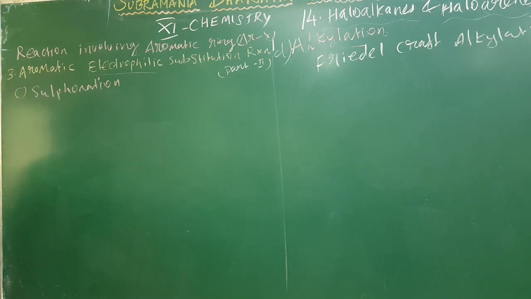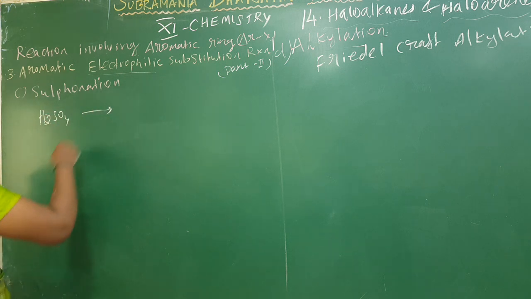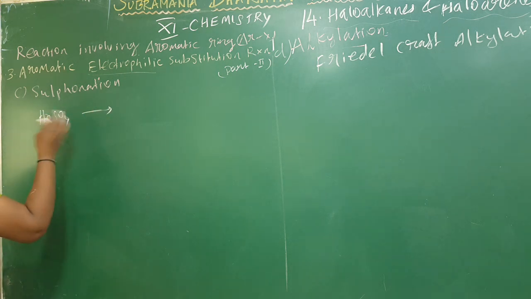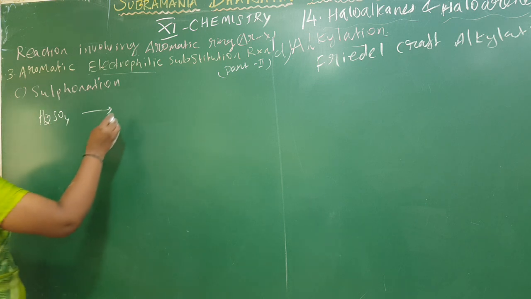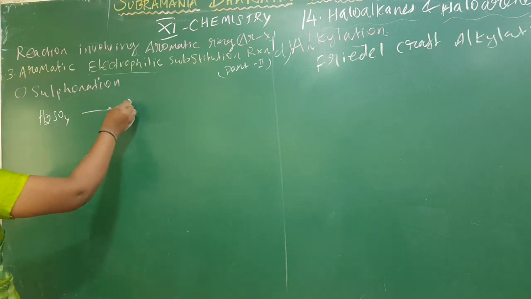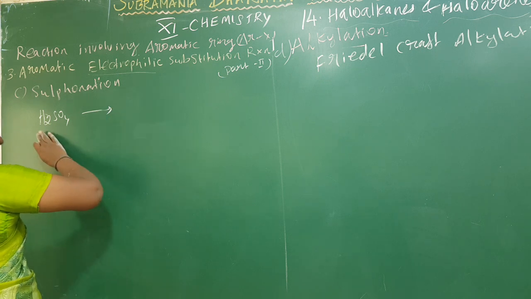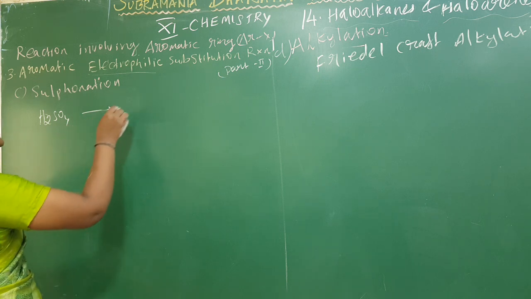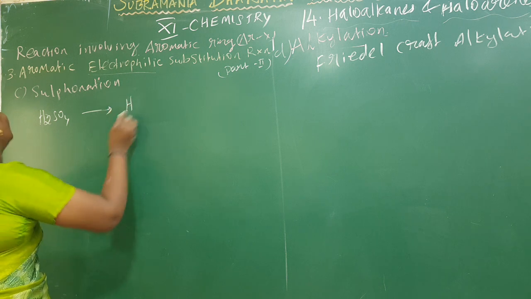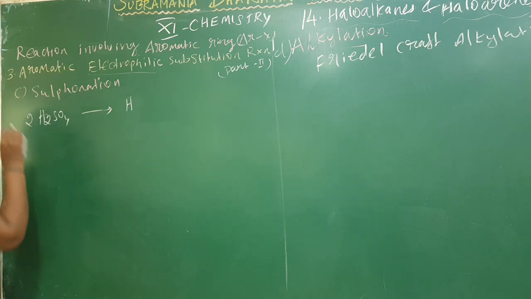Sulfonation reaction means you take sulfuric acid, H2SO4. The sulfuric acid will produce the electrophile. I am taking 2 moles of H2SO4.